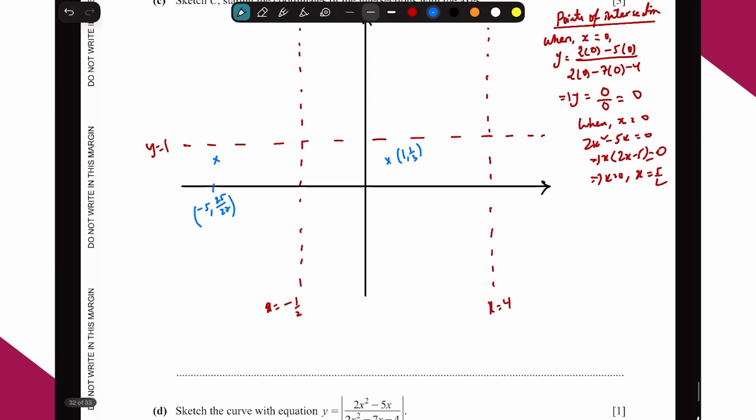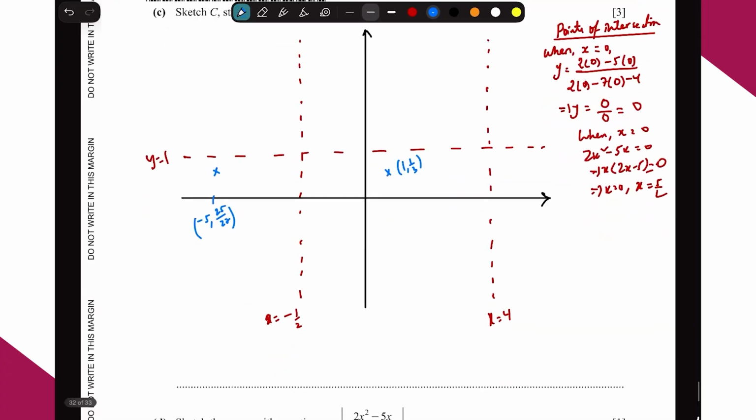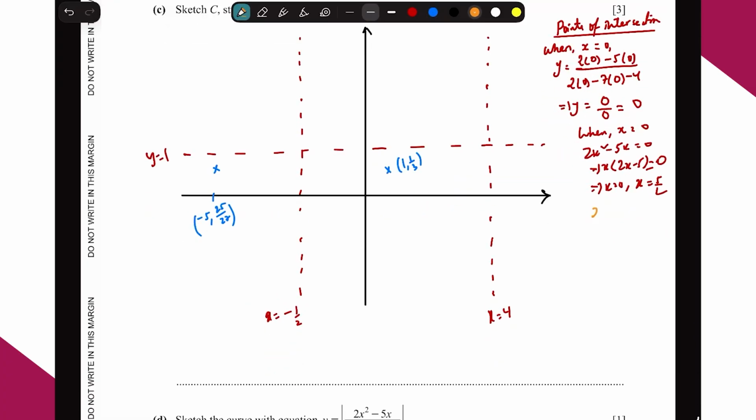So now we've got to check the behavior of the graph, right? When x is equal to 4, we take any value. Let's say we take x equal to 5 and x equal to 6, and we want to see how y behaves along those lines. So we want to check the behavior of the graph. When x equals 5, y comes out to be 2.27.